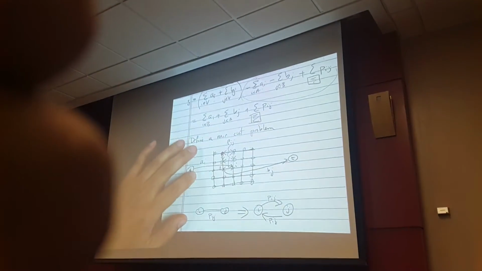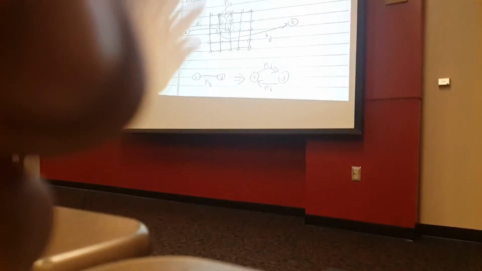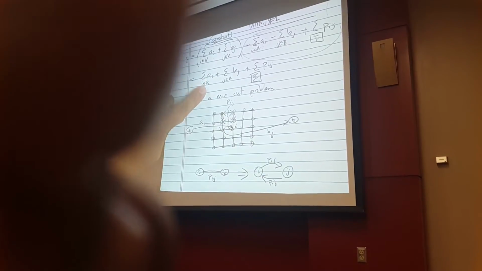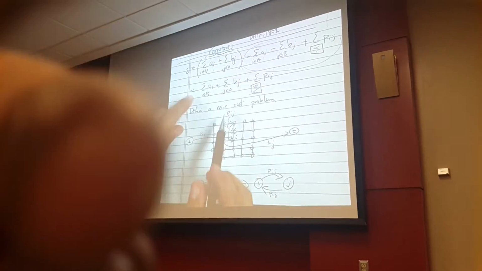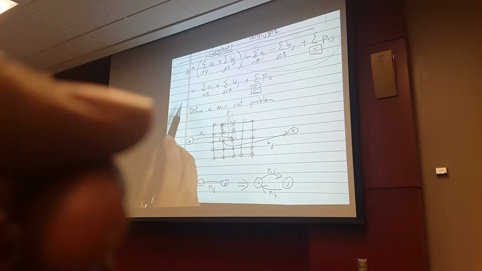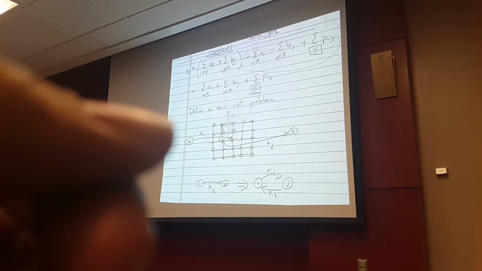And now I have transformed the problem, and now I just have to show that this is going to be equivalent to solving my original problem, which is to minimize this. So what I have to show is that the capacity of the min-cut is going to be precisely this thing.